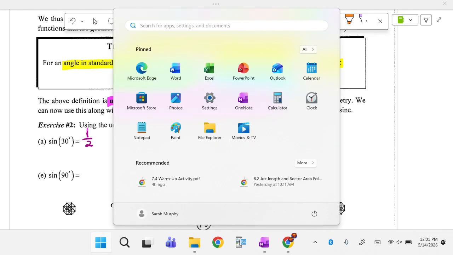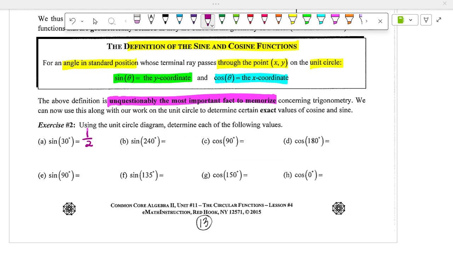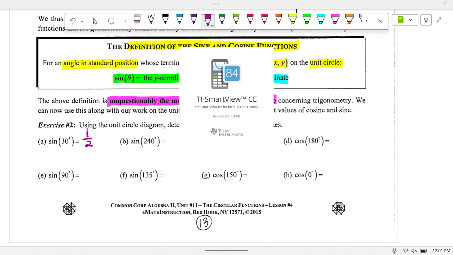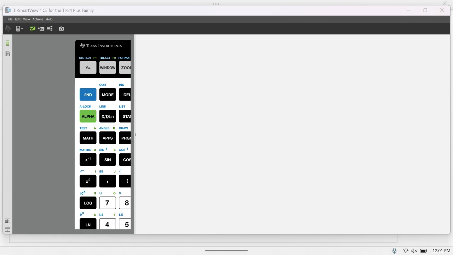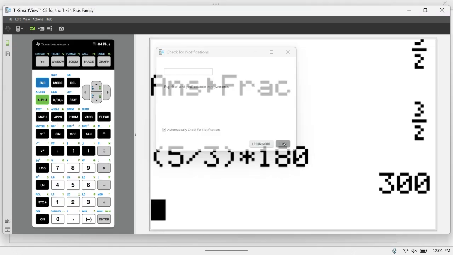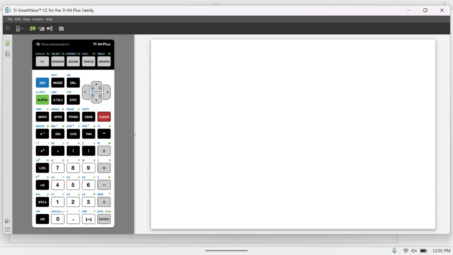Let's check ourselves. So in your calculator, first off, before you do anything, we got to make sure your calculator's in degree mode because our angles are given to us in degrees. To do that, you're going to hit the mode key, which is to the right of that blue second key.